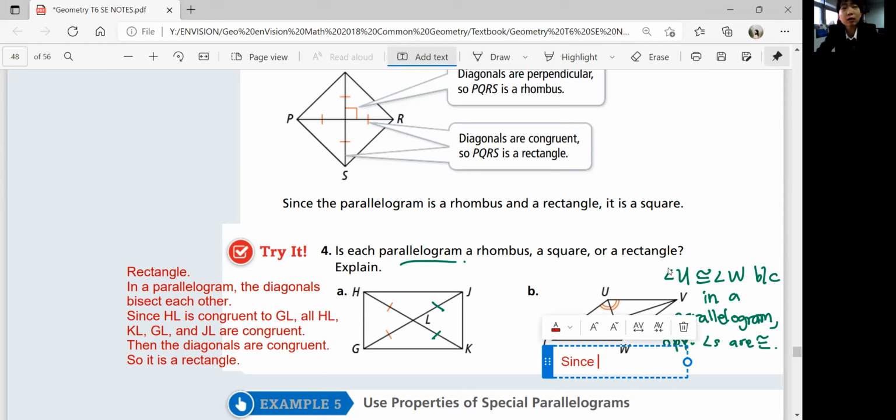So write that down. Angle U is congruent to angle W because in a parallelogram, opposite angles are congruent. And since a diagonal bisects opposite angles of the parallelogram, PUVW is a rhombus.